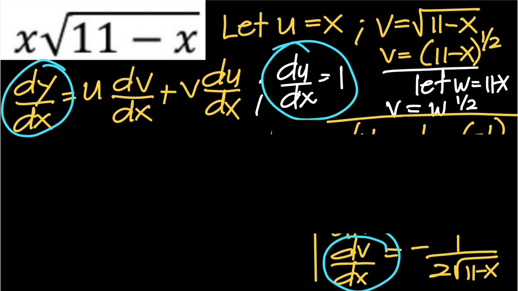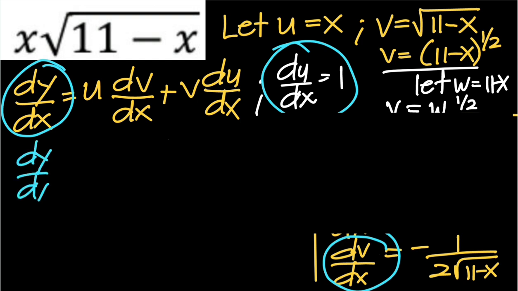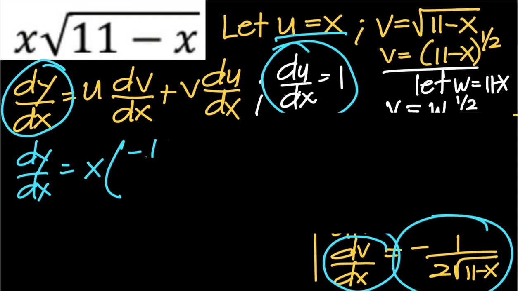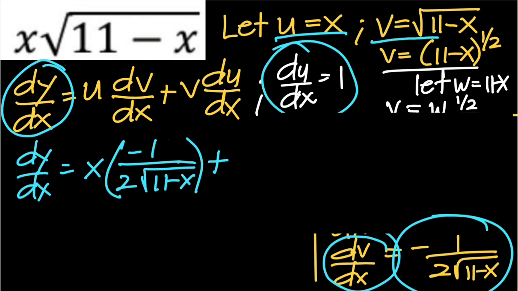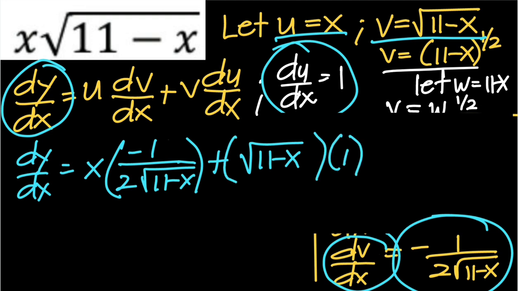Okay, let me delete this. So dy over dx is just equal to u, which is x, times dv over dx, which is this one. So that is negative 1 over 2 square root of 11 minus x, plus v, which is this one, square root of 11 minus x, times du over dx is 1.